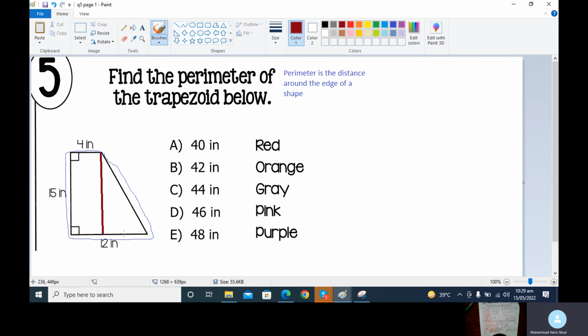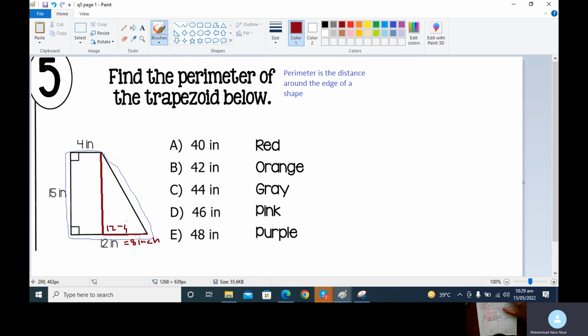So obviously it will be 12 minus 4 inch. That will be 8 inch. This part will be 8 inch.